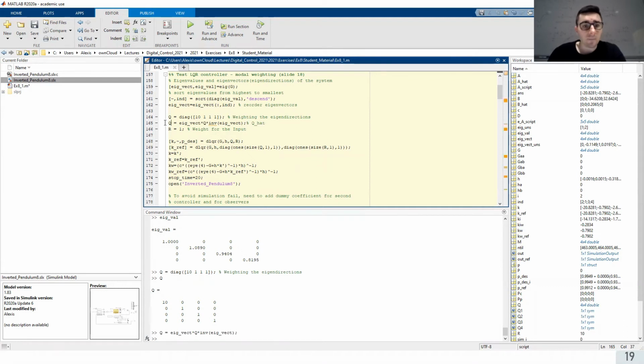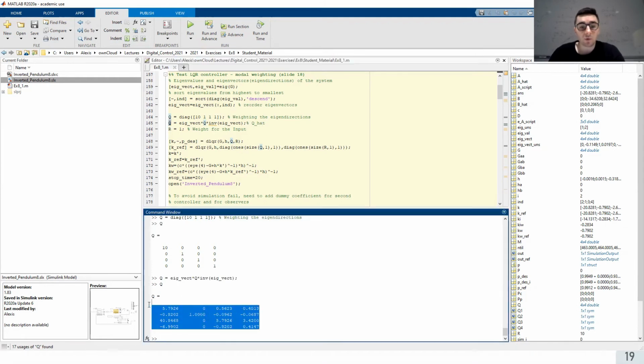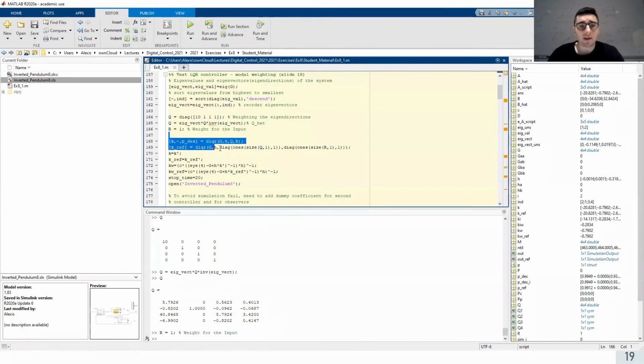I'm basically transforming this 10, 1, 1, 1 into the weighting of each eigenmode. As each eigenmode corresponds to some eigenvectors, this is my new Q hat matrix. And this Q hat matrix is doing nothing else than putting a weight of 10 on the first eigenmode and 1 on all the other eigenmodes. Then I choose R equal to 1, why not? And I apply the LQR method once again.